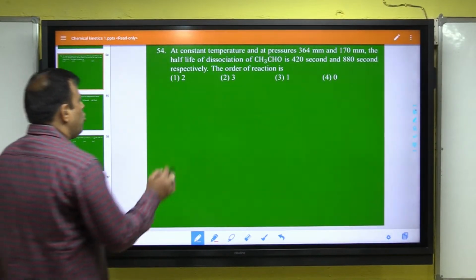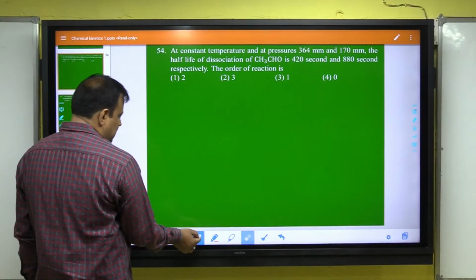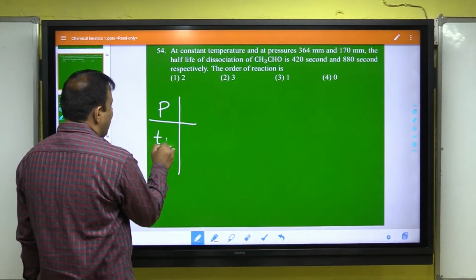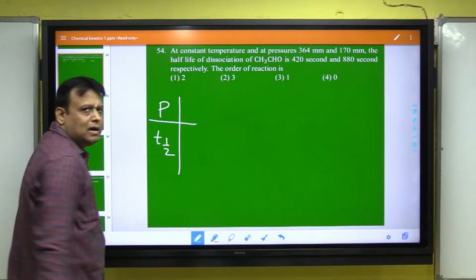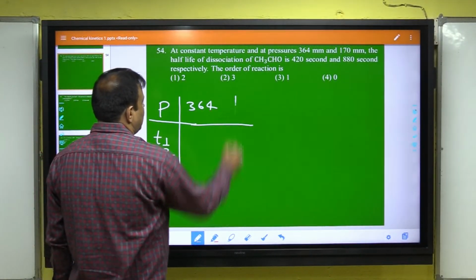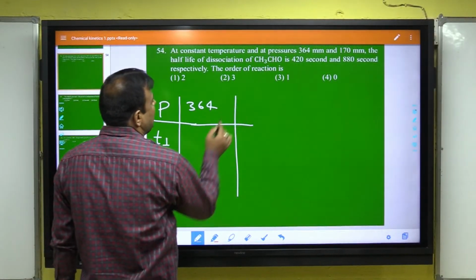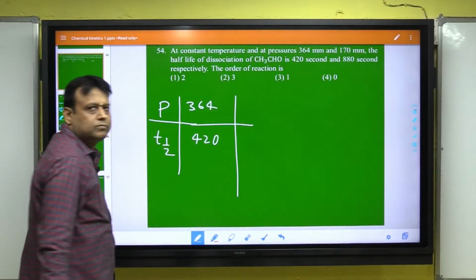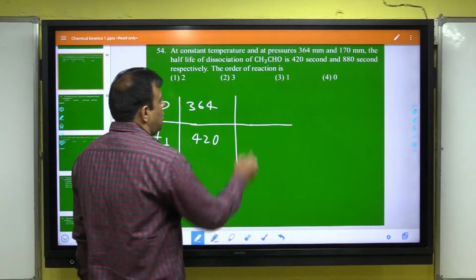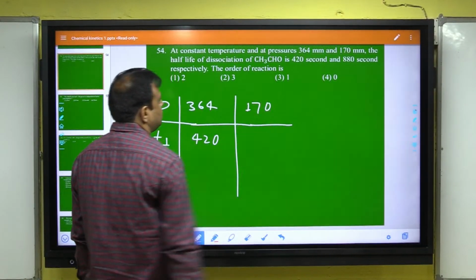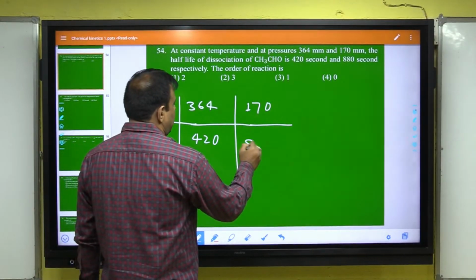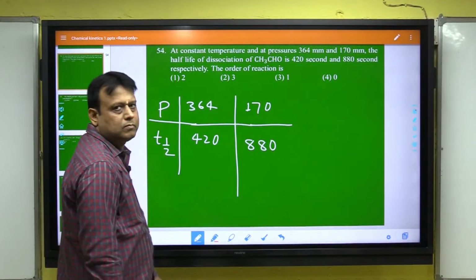Listen, when it is a table, look at both, most important, pressure and half-life. Pressure is 364, then half-life given is 420. Now, pressure is 170 and it will be 880. Clear?